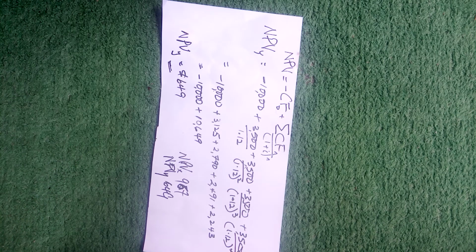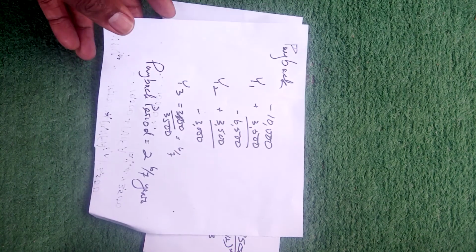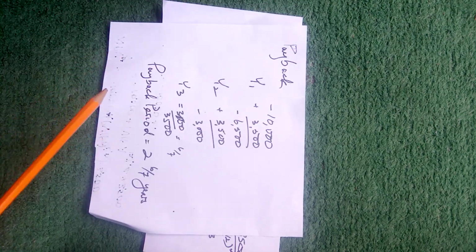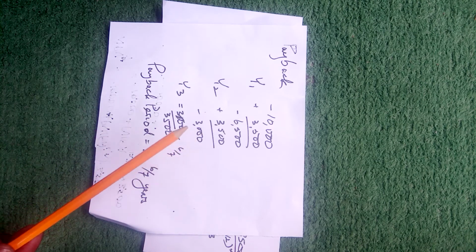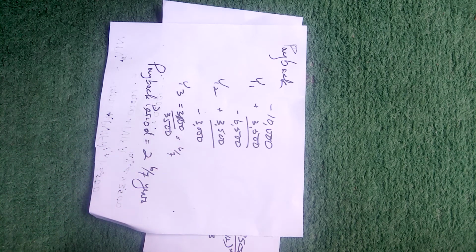But there's also payback. And so using the same project Y, same cash flows, some differences between payback and net present value are important to understand. Net present value uses all the cash flows. It captures all of them, so we get this holistic view of the project, its costs and its benefits.